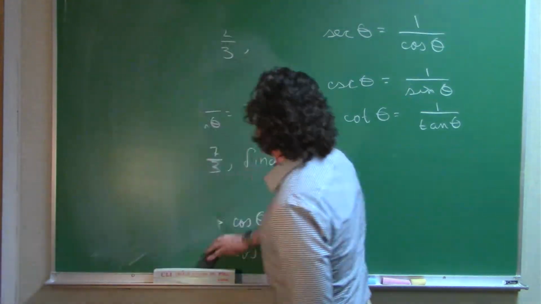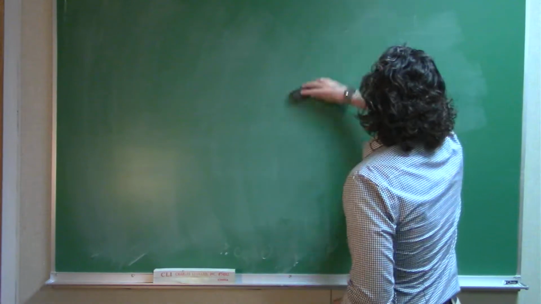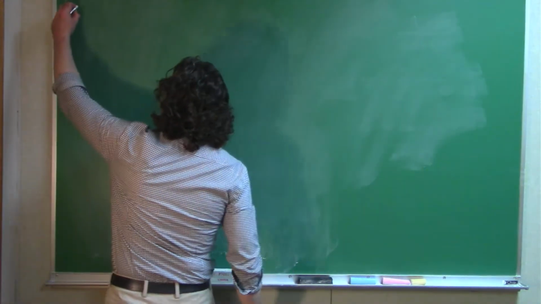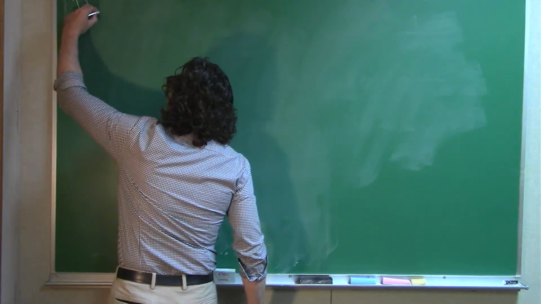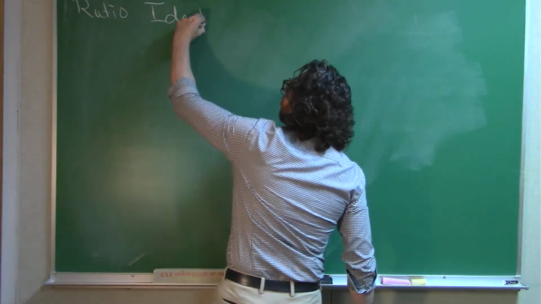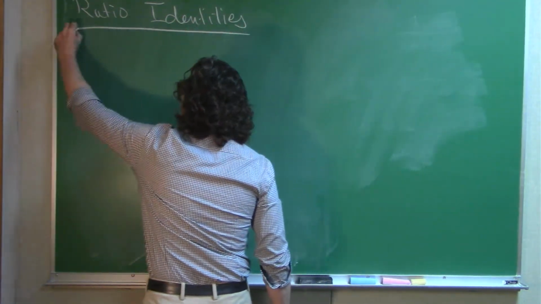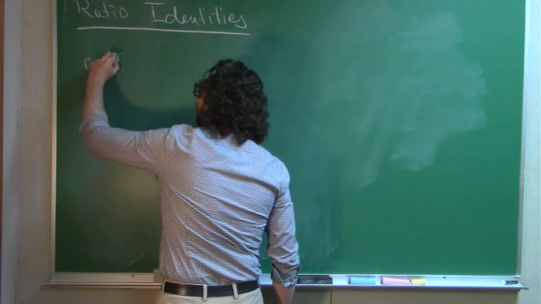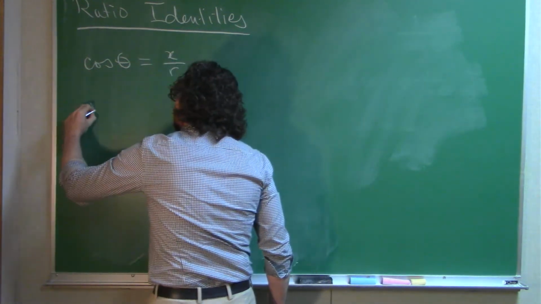Now, the other key idea that I put on the board is a bit less obvious. It's called the ratio identities. So, you'll recall, of course, our definitions. I'm repeating these a lot.